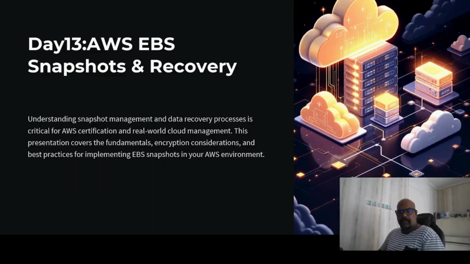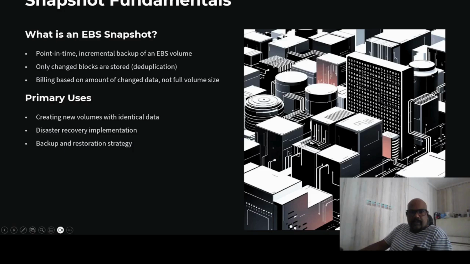Today's topic is about how to do a snapshot. What is the main reason why we are going for the snapshot concept, and how is the recovery process happening? So first, let us discuss what an EBS snapshot is.